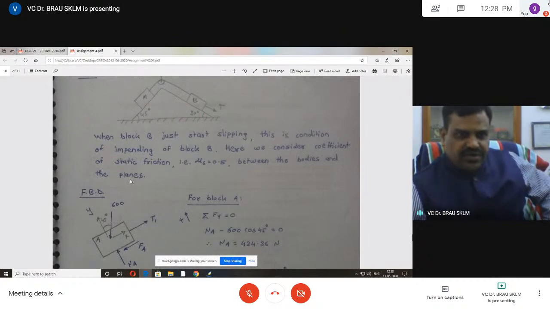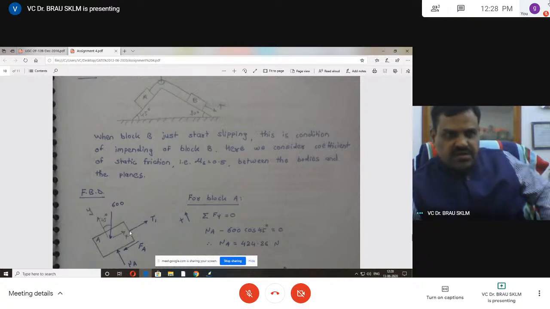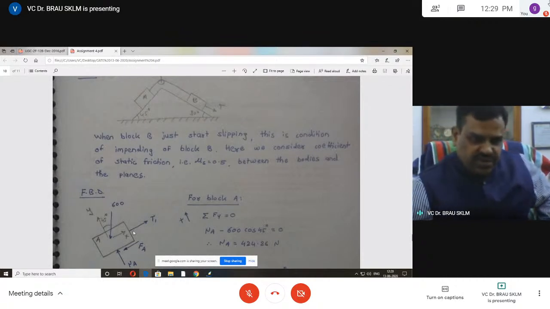If this is 45 degrees, this is also 45, because for this plane it is perpendicular, and for this line it is perpendicular. Now because block B starts moving downwards, block A is moving upward, so the frictional force is acting opposite to T1. And 600 is the one force, NA is the normal reaction.